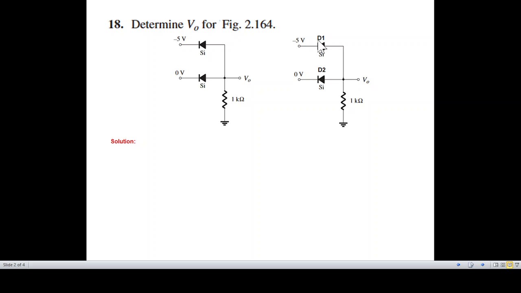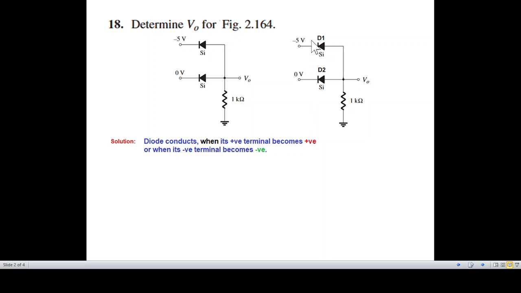The first thing we do is we number the diodes, D1, D2, and then we'll follow this logic. The diode conducts when the positive terminal becomes positive. So if the positive terminal becomes positive, it will conduct, or when the negative terminal becomes negative, then it will conduct.